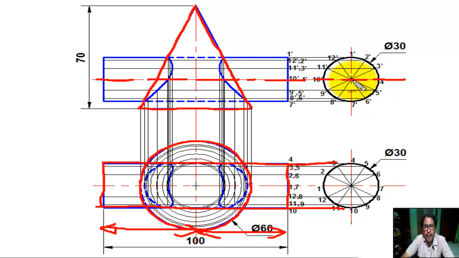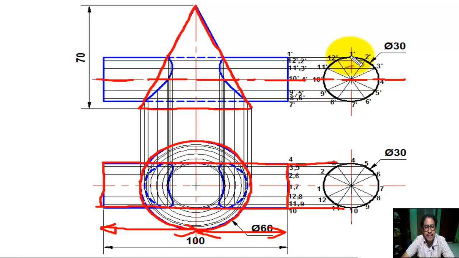On the axis line, draw a circle of 30 millimeter diameter. We divide this circle into 12 equal divisions by 30 degree angle and 60 degree angle.